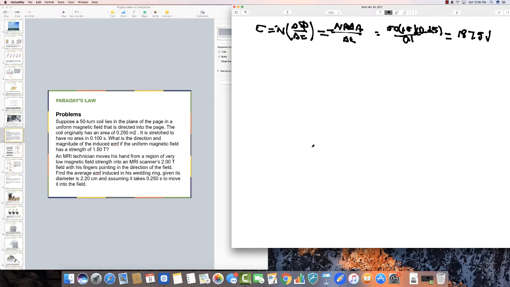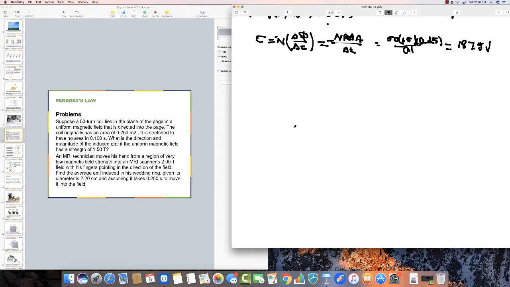Find the average EMF induced in his wedding ring, given the diameter of 2.2 centimeters, assuming it takes 0.25 seconds for this to occur. Okay, in this situation it's the same formula, but instead of 50 loops, the ring has 1 loop, the field is 2 Teslas, and now the area change is going to be pi times the radius of the ring squared.